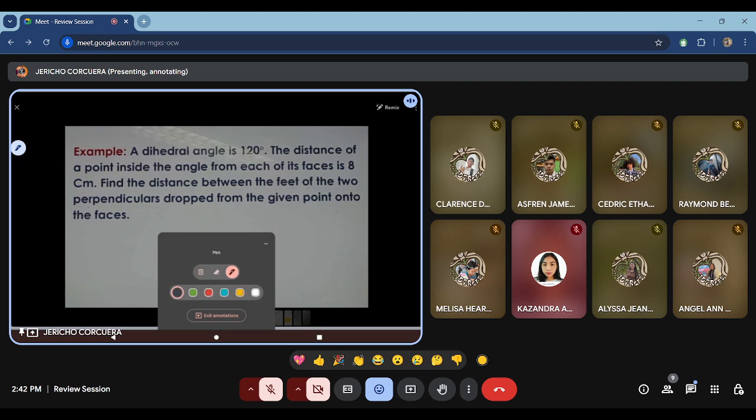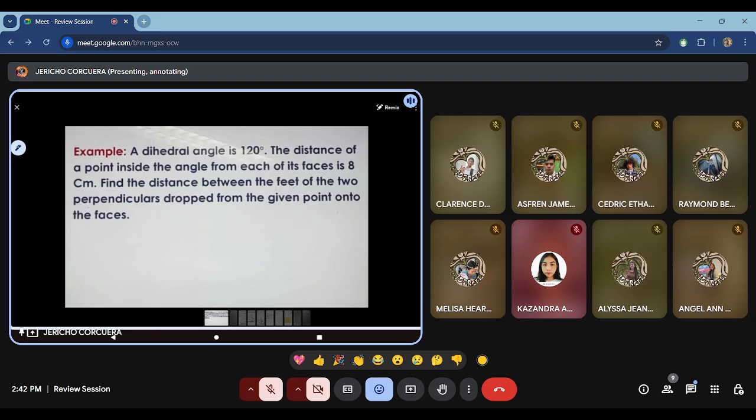So let's do this. We have the figure here like that. And then we have perpendiculars here, from the point inside the angle.